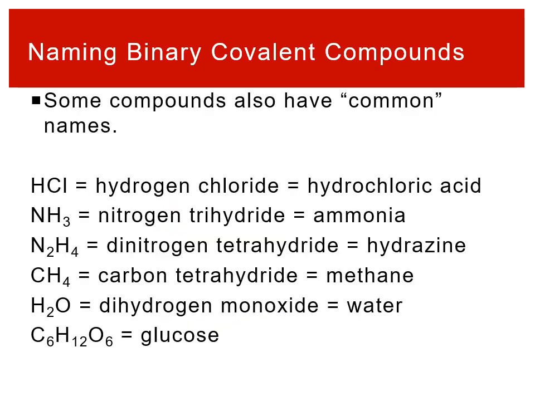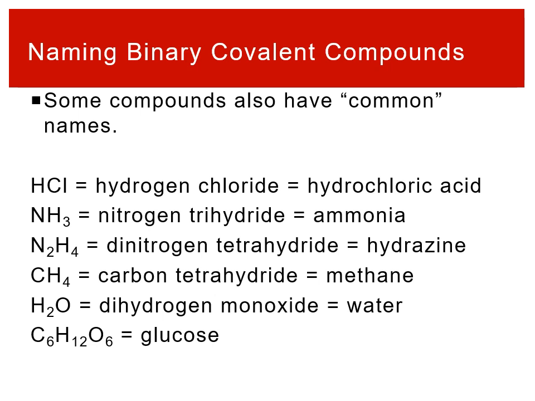So those are binary covalent compounds. There are a lot of covalent compounds that aren't binary, and so they can't have names like that. And even some that are binary covalent have what we call common names that are much more commonly used, or kind of just historical names. So HCl would technically be hydrogen chloride, but in some contexts, especially when it's in water, we call it hydrochloric acid. NH3, nitrogen trihydride, is more commonly known as ammonia.